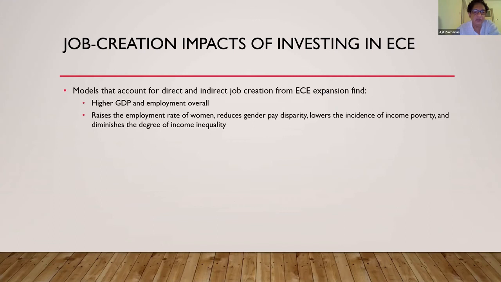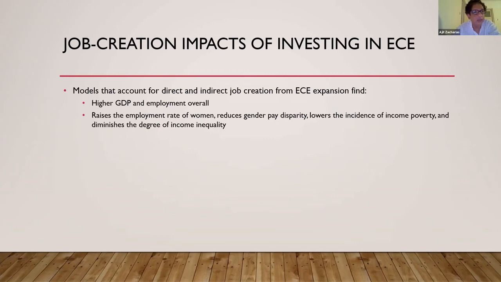But before that, let's just recall what the models that account for direct and indirect job creation from ECE expansion find. Now, this is typically done using input-output models, not SAMs, like Martin talked about the relationship between the two. So the general finding is that the fiscal stimulus invested in care activities gives a boost to the GDP and also boosts employment overall.